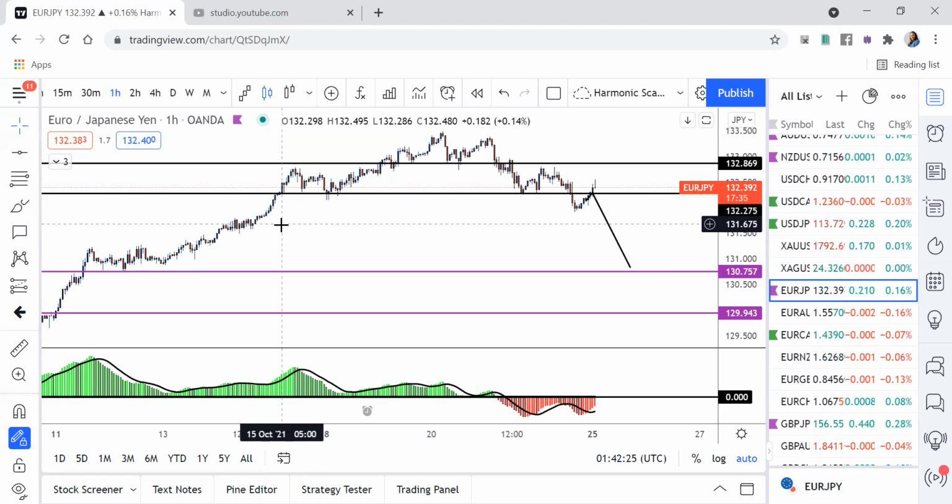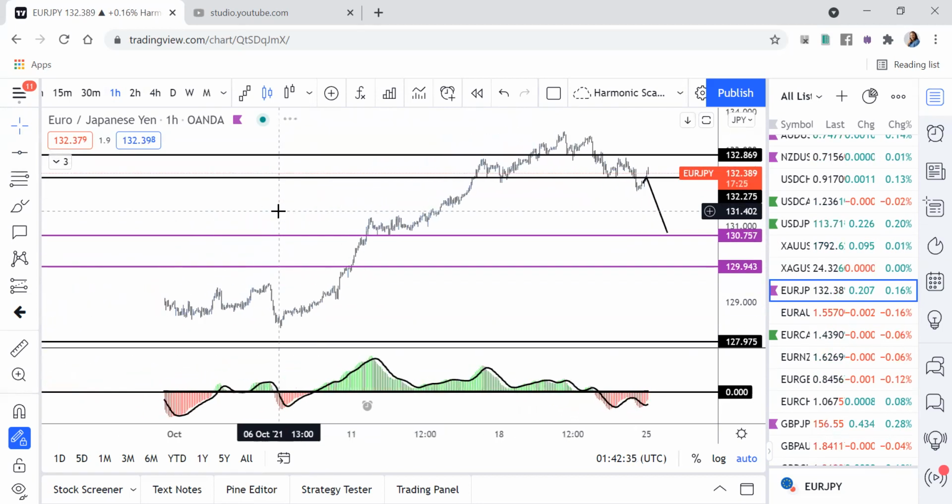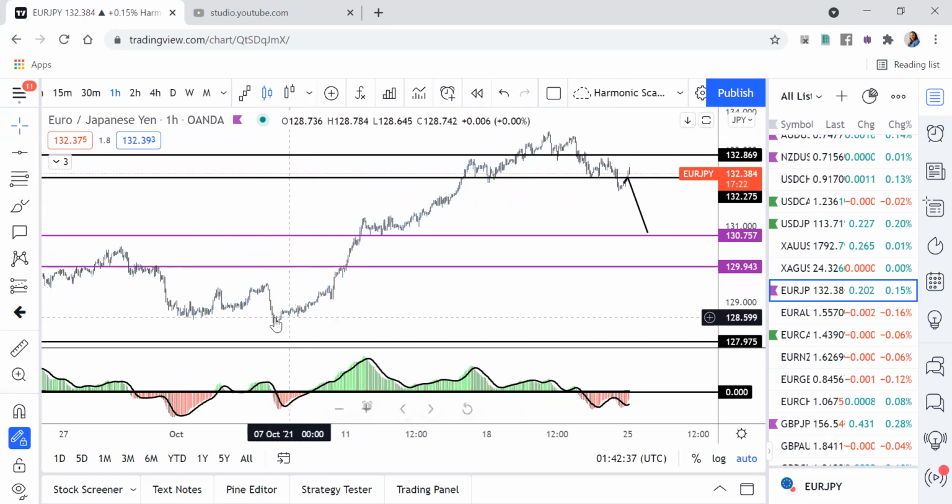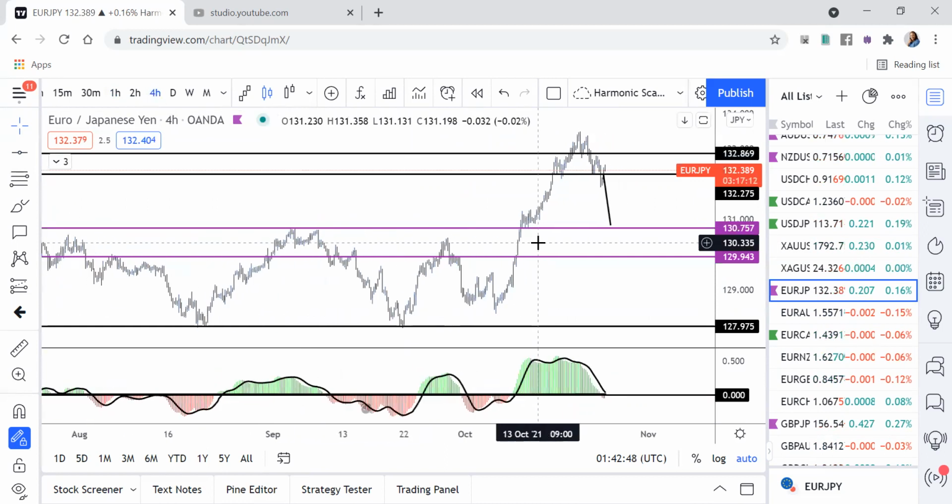Some of them I could analyze based off of the 1-hour. So the last 1-hour low is all down here. This is on your JPY. Right? 4-hour low down here as well.